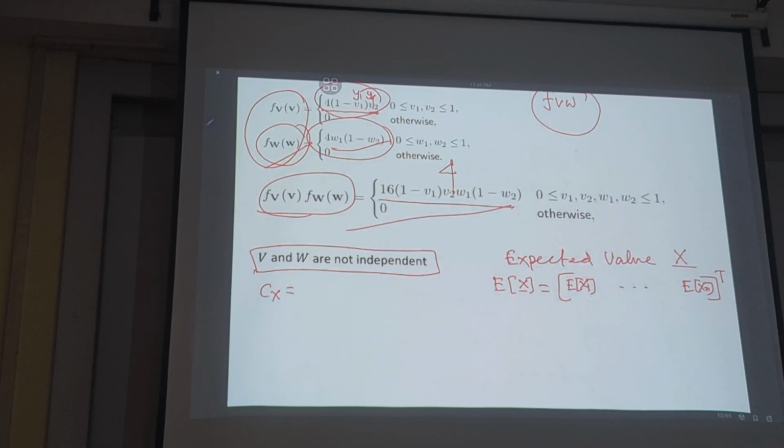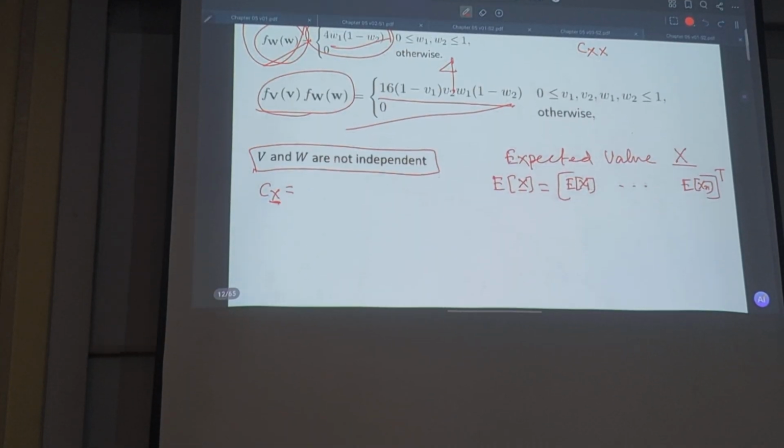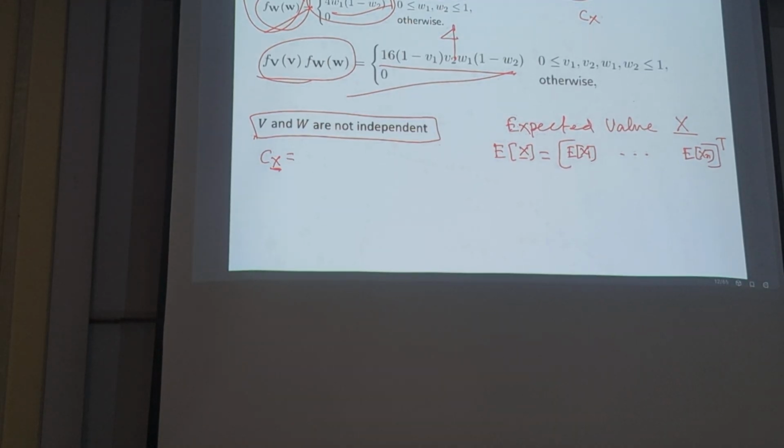Before going there, we already have learned that the covariance is the correlation between x and y minus what?